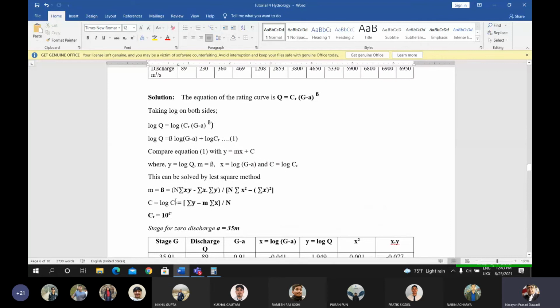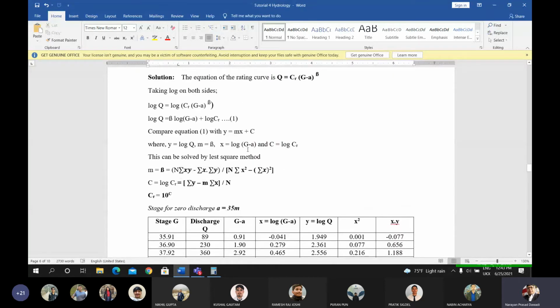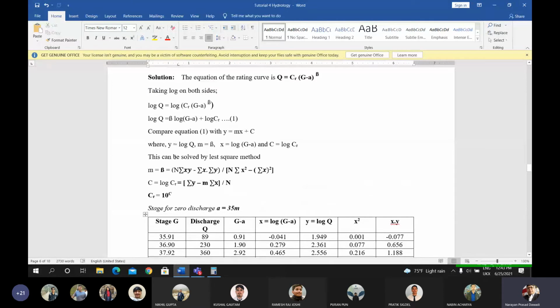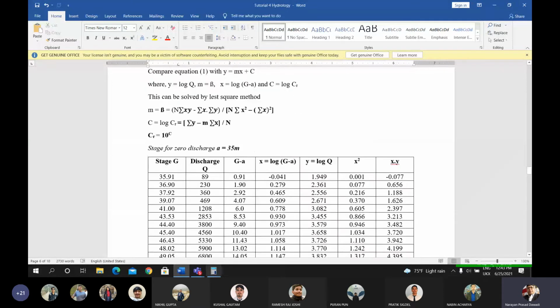Now x is equal to log g minus a, and y is equal to log q. The q value is given here. Log 89, the value will be 1.949. Log 1230, the value will be 2.361.